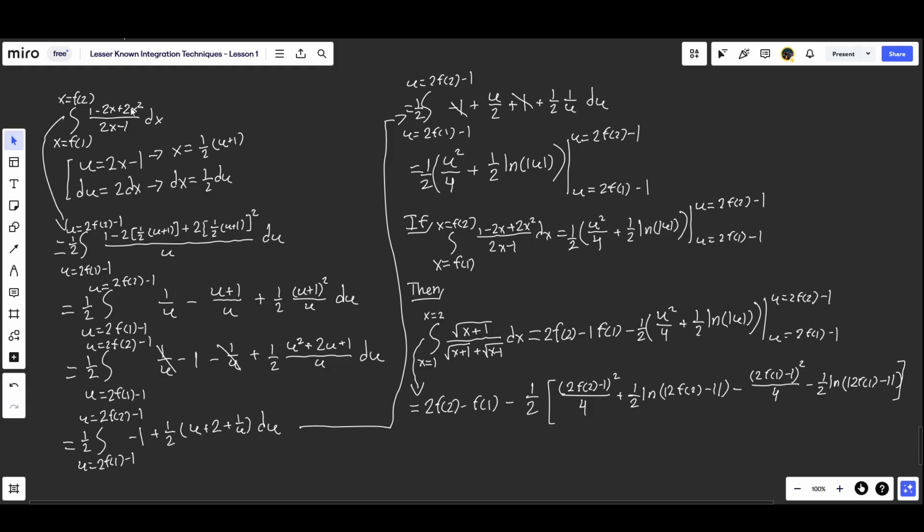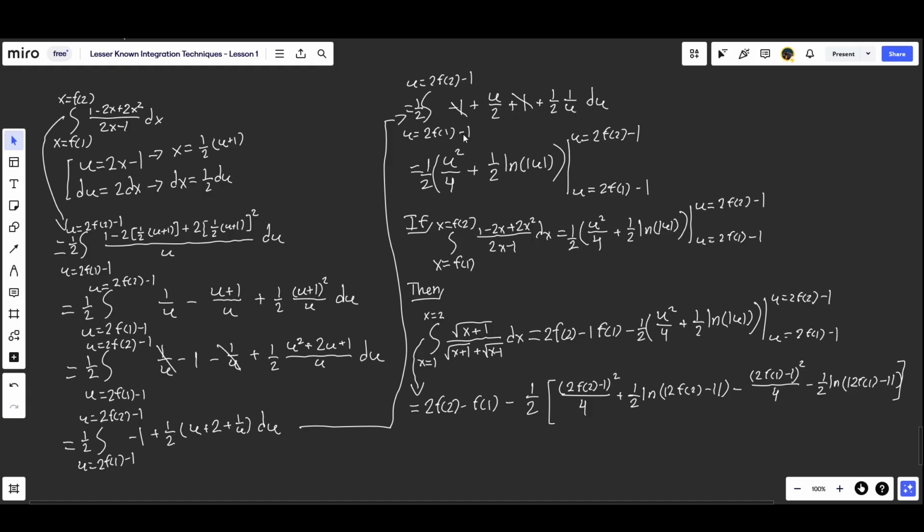Plugging these into the definite integral and changing the bounds of integration by plugging them into our equation for u, the definite integral will become 1/2 times the definite integral from u equals 2 times f of 1 minus 1 to u equals 2 times f of 2 minus 1 of u over 2 plus 1/2 times 1 over u with respect to u.